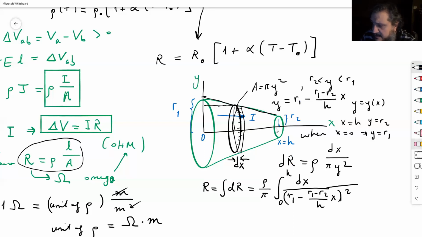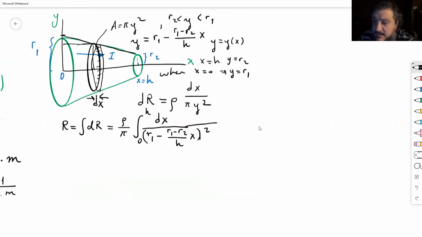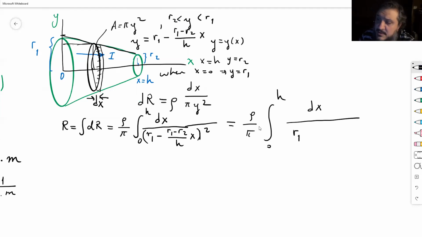Why don't I write it as rho over pi, from 0 to h, dx over R1 plus, I'm going to make it (R2 minus R1) divided by h x, squared.